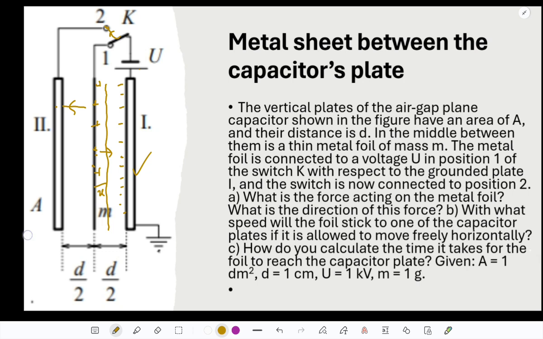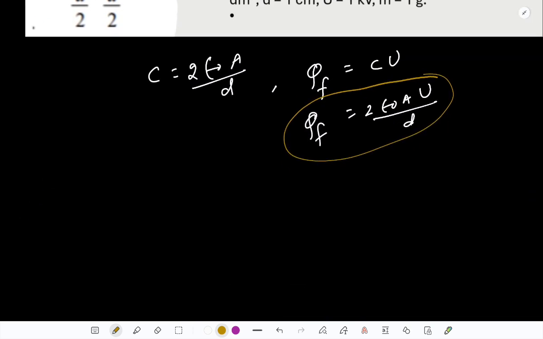And I can draw a picture for it, that when I switch the key to position 2, then I can see that this metal foil was initially in the middle of the capacitor plates, and then it has shifted a distance, say x, towards the plate number 1, and here is the plate 2, and the distance between the plates were initially d.